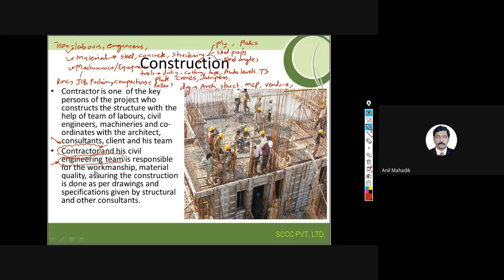So they are responsible for workmanship and material quality, and assuring the construction is done as per the drawings given by the consultants, as per the specification given in the tender or in the drawings. The drawings are given by structural engineers or other consultants also. So this is in general the responsibility of contractors.